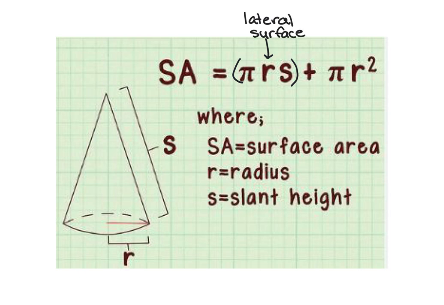Your lateral surface would be the actual cone part. Pi r squared is the area of a circle. So that is your base.